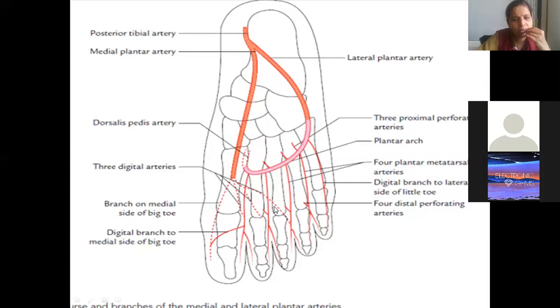If you observe, these 3 digital arteries are moving towards the web spaces of the toes, interdigital clefts. And they are actually joining the arteries which started from plantar arch. Plantar arch, these bold lines are the arteries coming from plantar arch. Okay, these are metatarsal arteries. So these digital arteries are actually joining the plantar metatarsal arteries. Okay, we will elaborate. It's just an overview of how this artery goes.